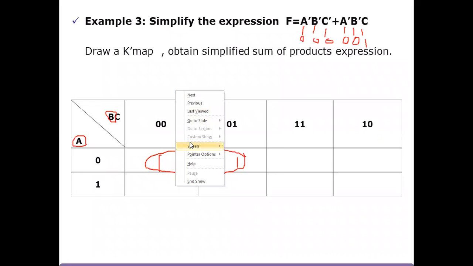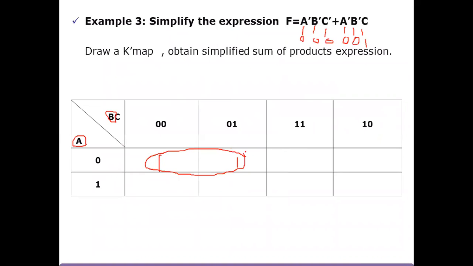So this is a single group. So what is the simplified form of this single group? In this single group, what is the simplified form of the equation? A dash, B dash, mainly because A value is not changing and the value has the 0.